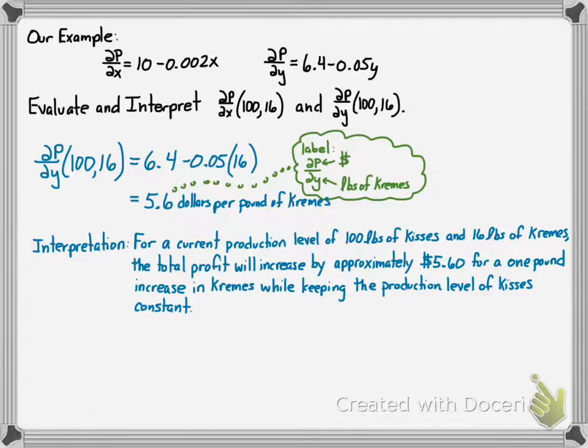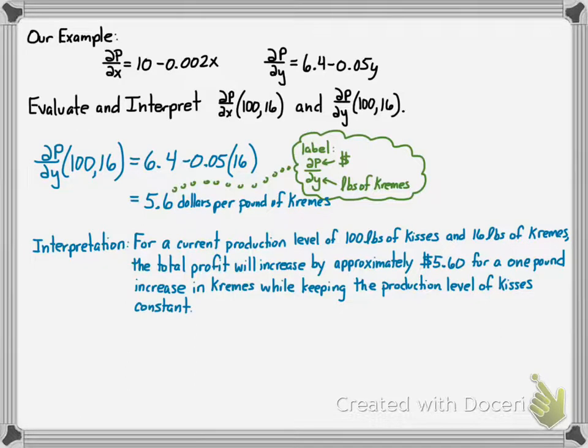Okay, so now we have both of these pieces of information. We have identified that if we increase the kiss production by 1 pound, then we are increasing our profits by $9.80, whereas if we increase the cream production, then we are only going to increase our profits by $5.60. So kisses will increase by $9.80 per pound, and creams will increase our profits by $5.60 per pound.